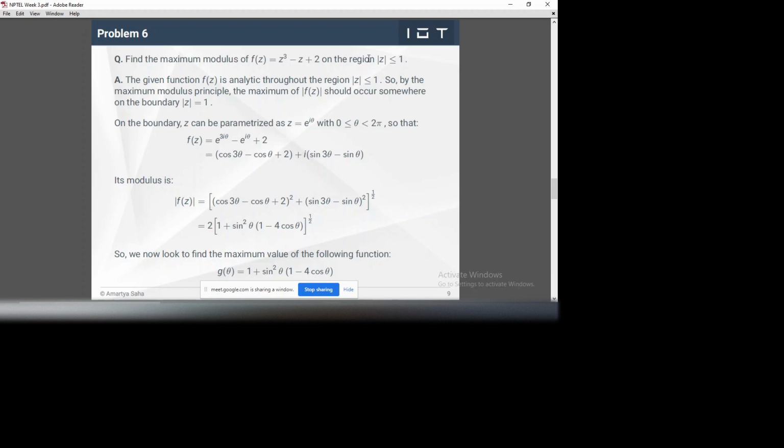Okay, so here we see our f(z) is an entire function, so of course it will be analytic in the given region also.